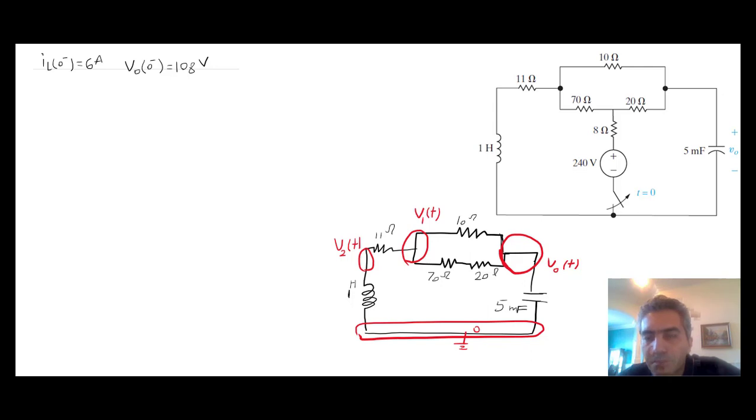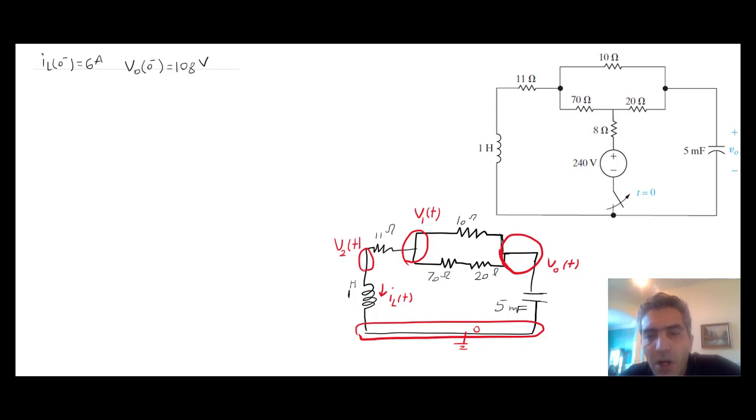Current's passing. So this is current I. Let's call it ILT. And now I can actually take this and turn it into one resistance and only deal with one current that is passing through. It's just going to simplify all my analysis. What I'm going to lose is that I'm not going to know what that voltage is. But if what I'm looking for is this voltage or the current here or the current here, that voltage is not important for me.